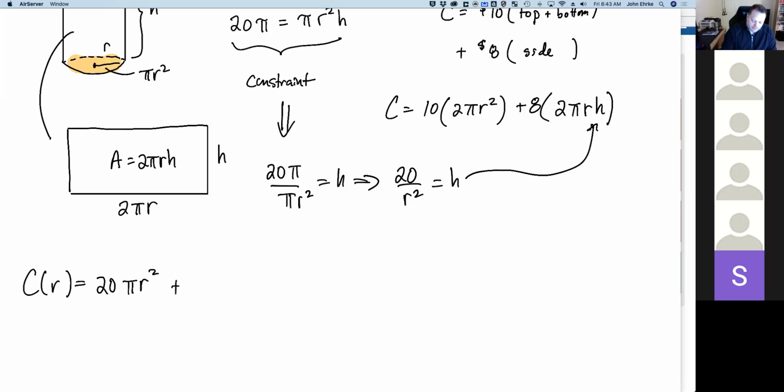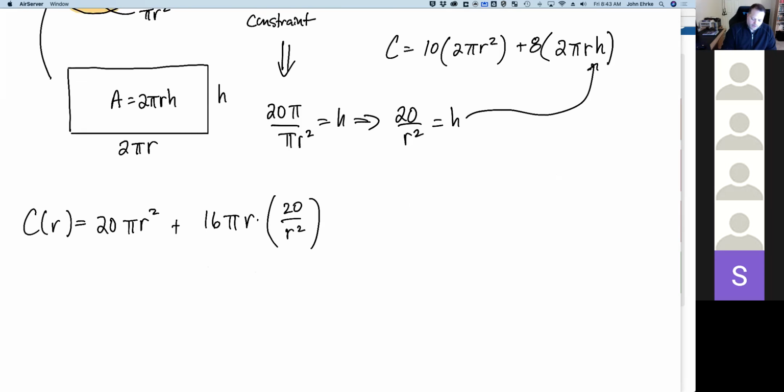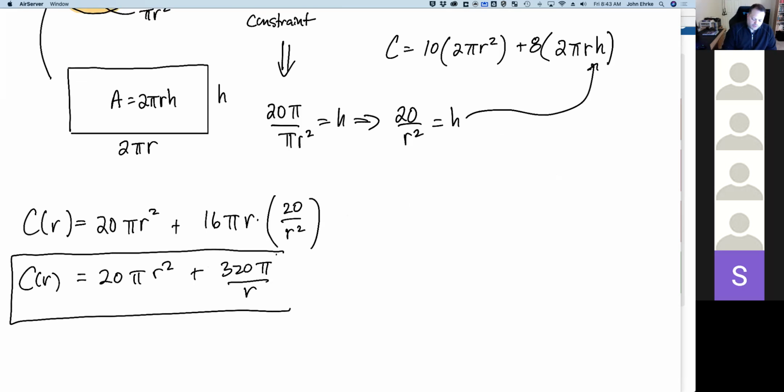You've got 16 pi r h, and h is 20 over r squared. So 20 pi r squared plus 320 pi, and then you've got one r in the top cancels with one of the r's in the bottom. So this is my objective function, which was answer choice D.